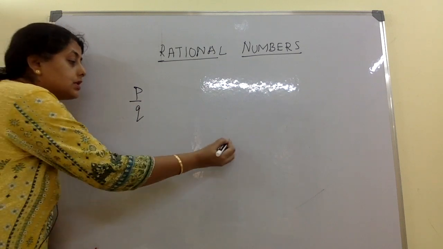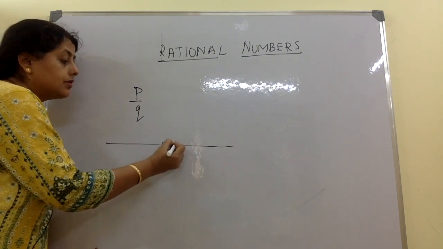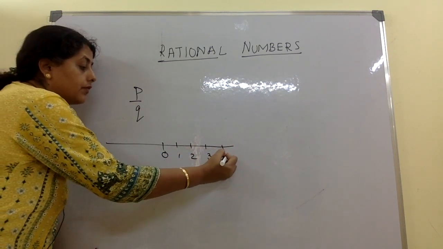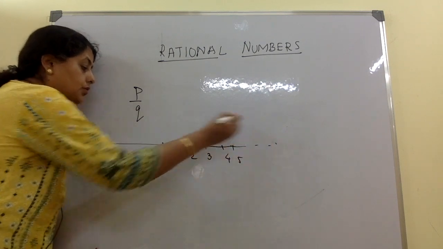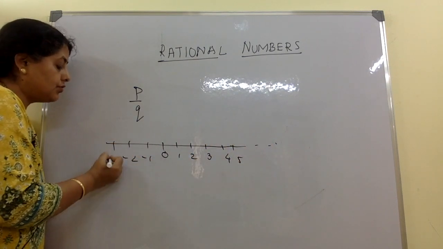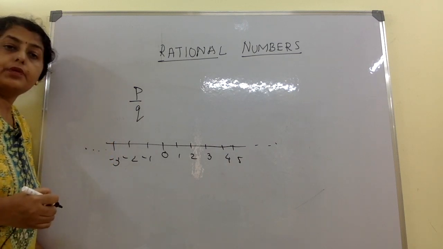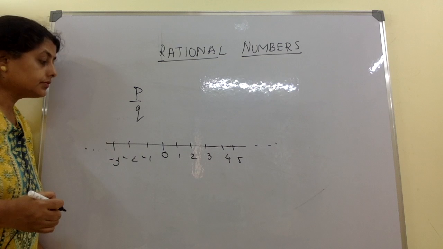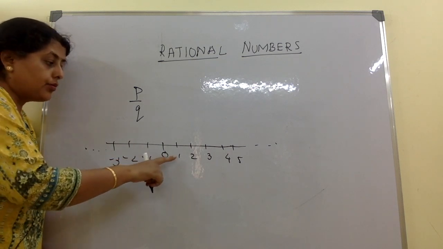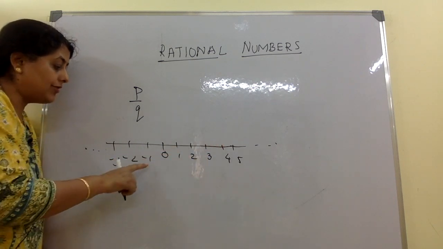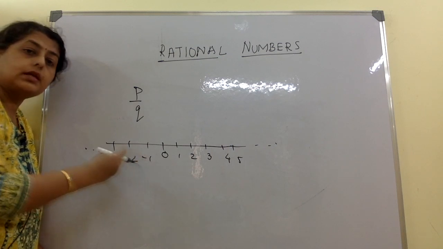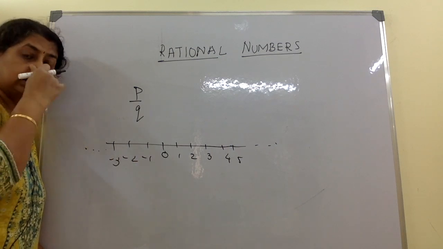Now what are integers? If I take 0 here, 1, 2, 3, 4, 5 and so on, it goes minus 1, minus 2, minus 3 and so on, it goes on this side.